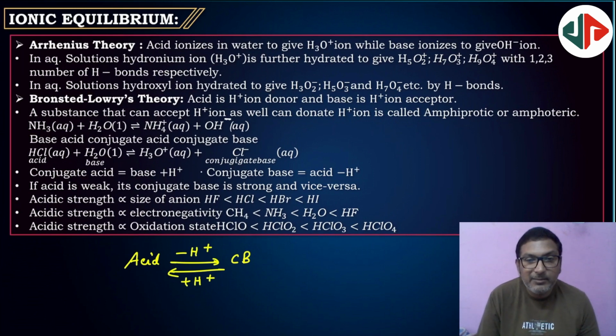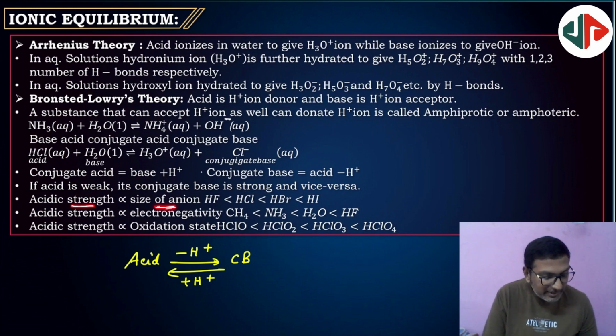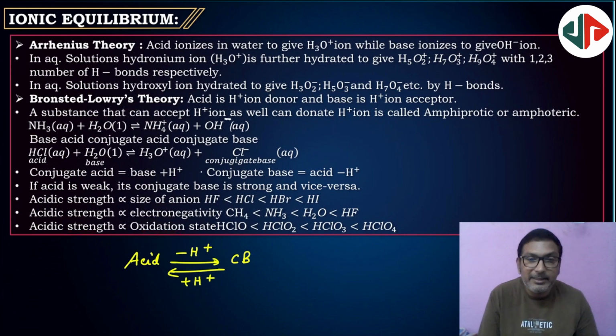By the addition of H plus to conjugate base gives corresponding acid. So remember like that. Next, if acid is weak, conjugate base will be strong and vice versa. So acidic strength directly proportional to size of anion. Acidic strength directly proportional to electronegativity, and acidic strength directly proportional to oxidation state of central atom. Very, very important.